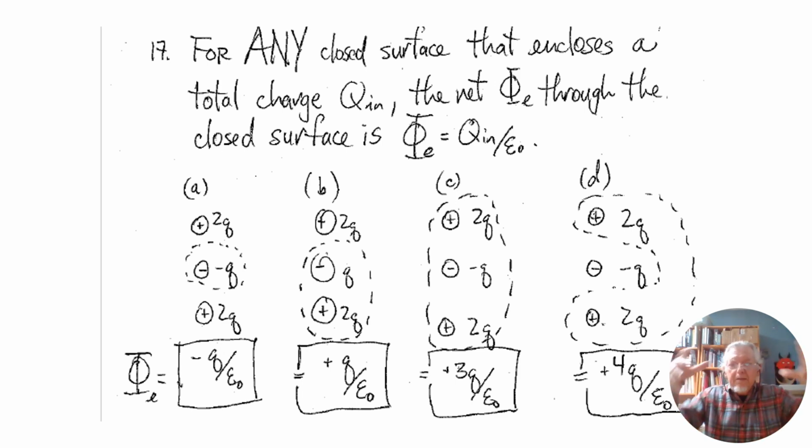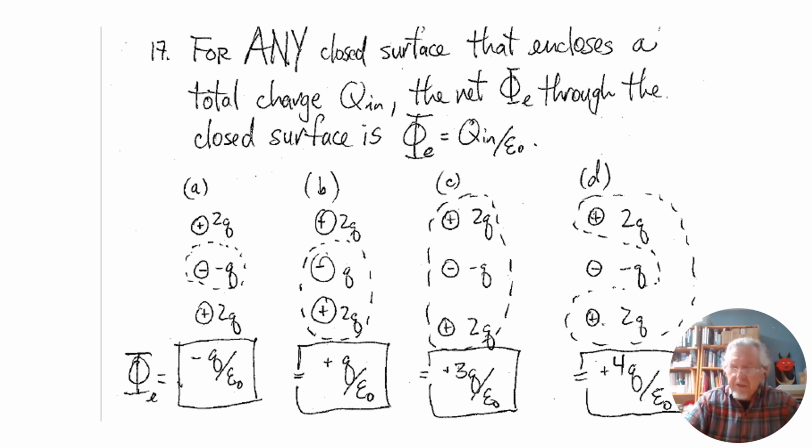And again, it doesn't have to be spherical or elliptical. It can be weird as long as it's closed and encloses that. If all three of them are enclosed, then the net charge is positive 3. And if it's kind of a roundabout thing, some way to exclude that minus 1 charge, then you're going to get 4Q over epsilon naught.